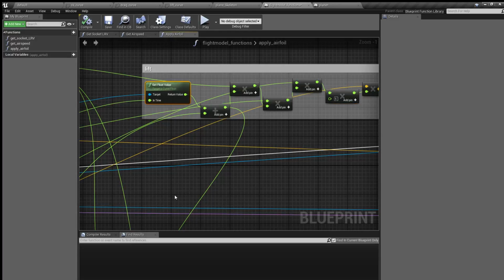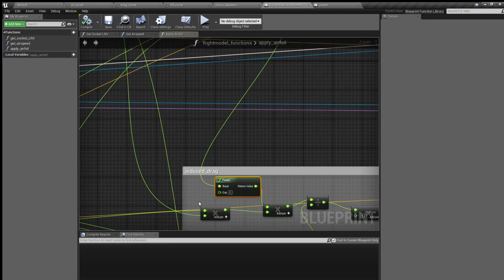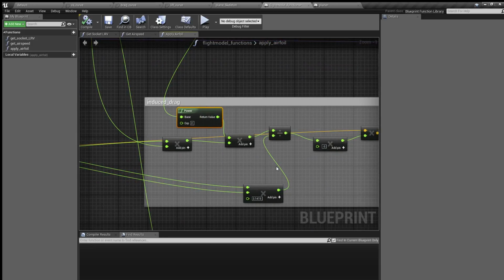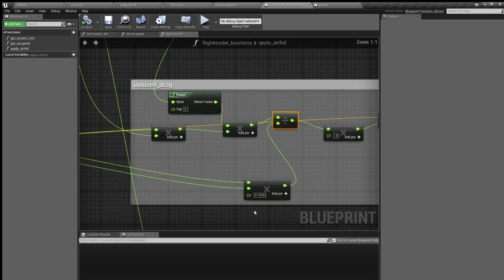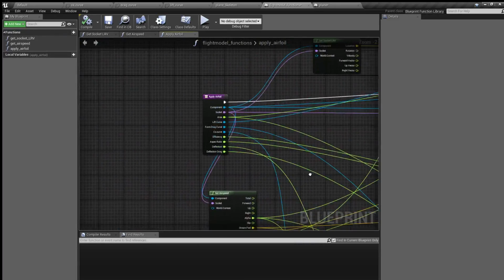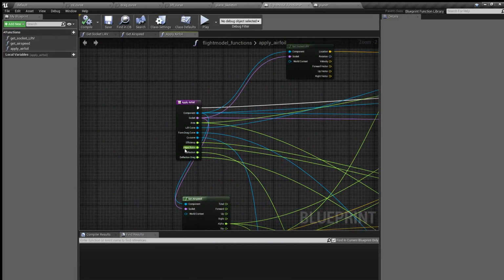it uses the square of the coefficient of lift, again multiplied by airspeed, multiplied by air density, and now this whole result is divided by pi times the aspect ratio of the wing.